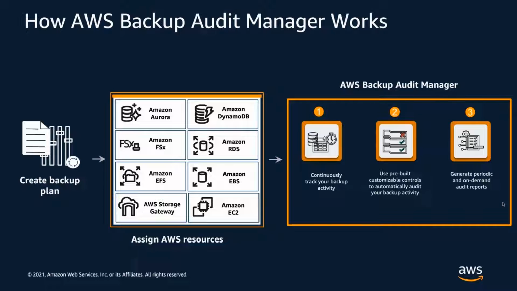For example, let's say that you want to make sure that you are taking your backups every 2 days and retaining them for a period of at least 3 months. Backup Audit Manager provides you a control to define that preference and check whether you have correctly configured your backup plan to follow those data protection policies. And if not, then those would be marked as non-compliant.